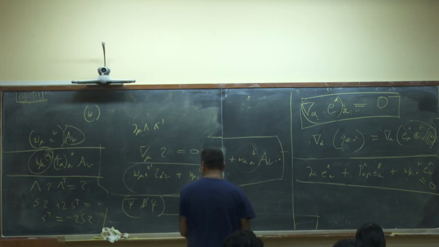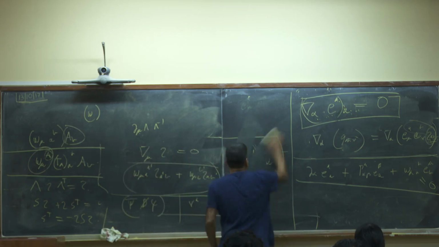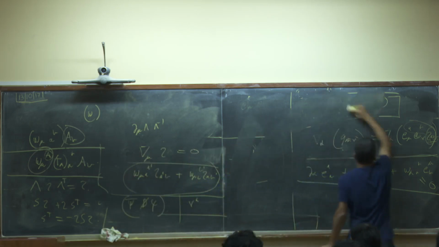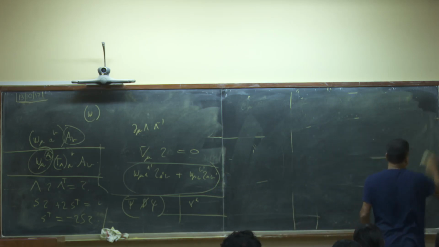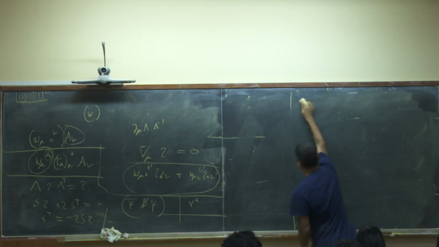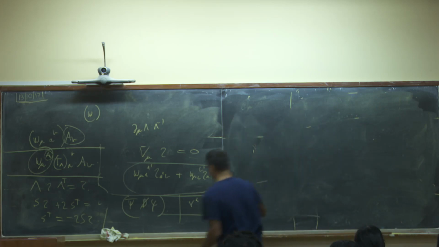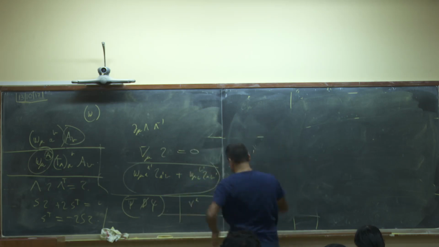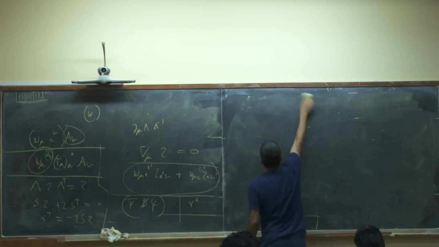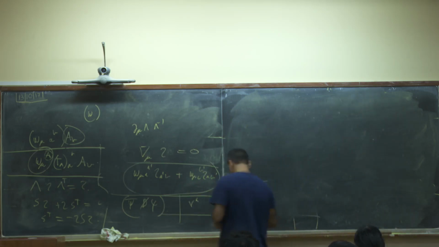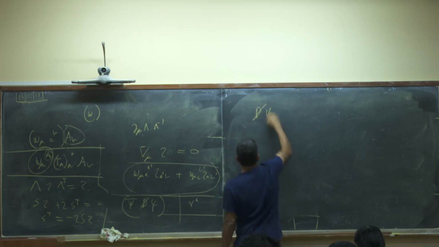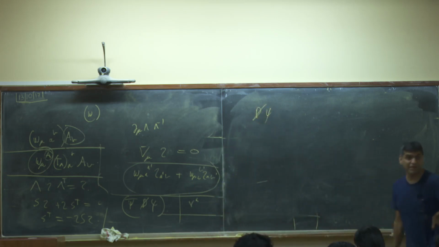Now that I have these gamma A matrices, I can set up an equation, which is d slash of psi. I set up the operator d slash of psi.